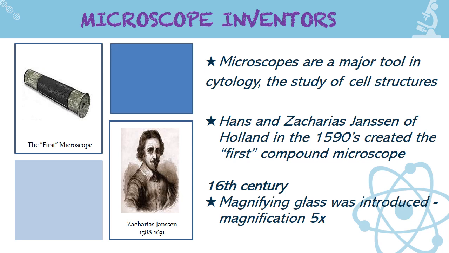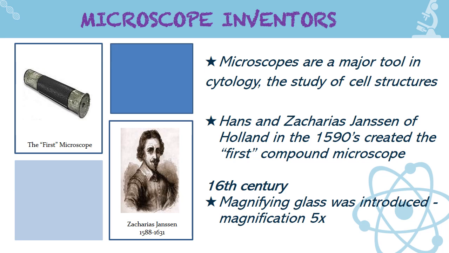Before we get into the details of the microscope, should we first meet the inventors who contributed to our invention today? Microscopes are a major tool in cytology, which is the study of cell structures, because cells are too small to be seen by our naked eyes.